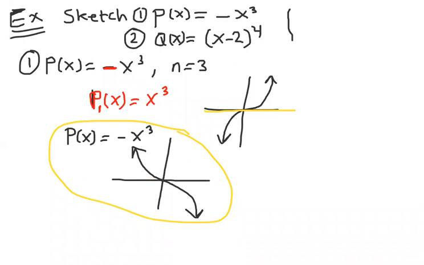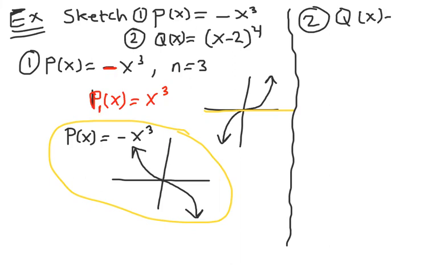Now the graph for the second one, number 2, q of x equals (x minus 2) to the 4. Again, it's similar to x to the 4, and 4 is an even number. Like I said before, even powers look like cups.